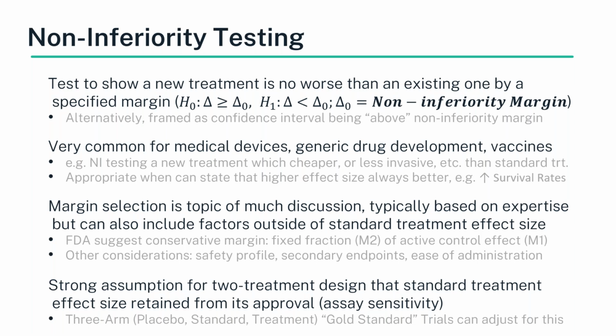Now, the final point here is that there's a strong assumption in a two-arm non-inferiority trial, that's a new treatment versus standard, that the effect size from the existing treatment is the same as it was from its approval. But of course, treatment effect can vary in population for a number of reasons, such as age or region, etc. So there's a requirement to have appropriate trial conduct in order to ensure assay sensitivity.